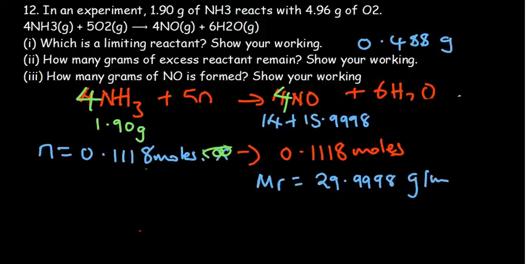So using that molar mass and the number of moles, we can find how many grams were formed. That's going to be the product of the two. The mass that I'm getting is 3.354 grams. So that's how we handle question 12.